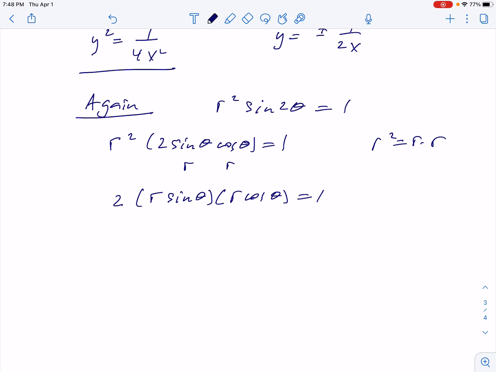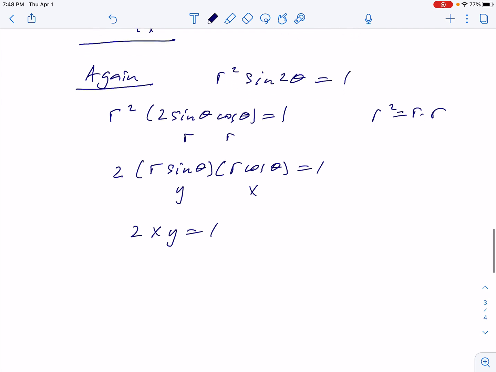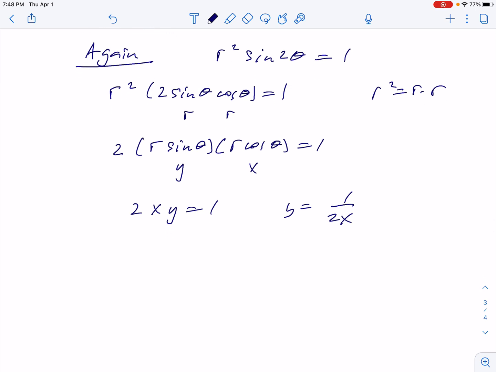Here obviously we can recognize y and x. So we have the equation 2xy equals 1. If you solve for y, you get 1 over 2x. So we're coming to practically the same equation, and we don't have to wonder about plus minus.